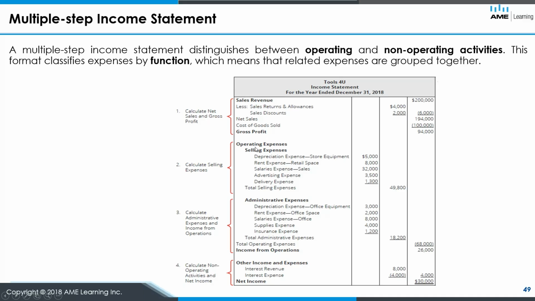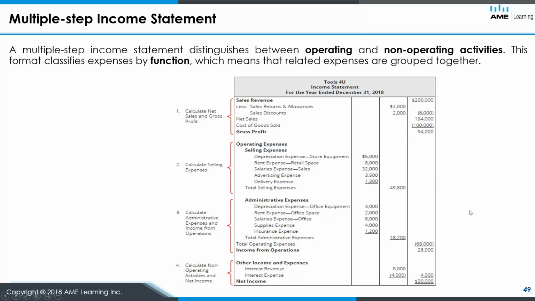And then down here in the operating expense section, we classify the expenses with our multi-step income statement into categories. We have selling expenses here, so all the things related to sales and stores and retail space, etc. And then we have administrative expenses, which is everything related to the office equipment, salaries for the office workers, and so on and so forth. And then we've also got a section for non-operating activities like interest revenue or interest expense.